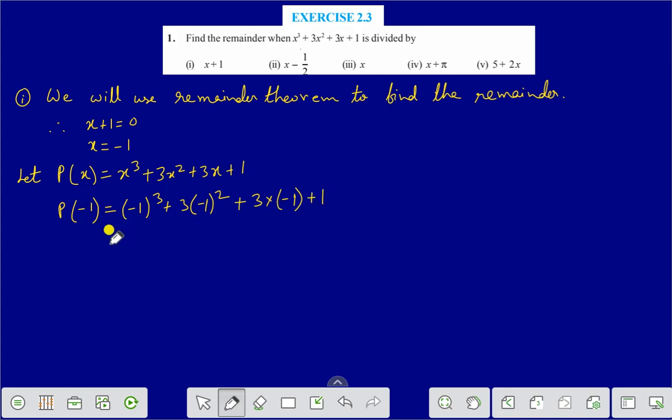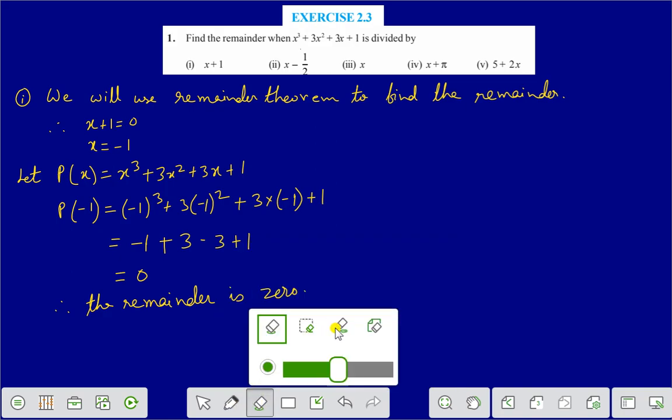Therefore minus 1 cube is minus 1, plus 3, minus 3, plus 1, and we are getting 0. Therefore the remainder is 0.